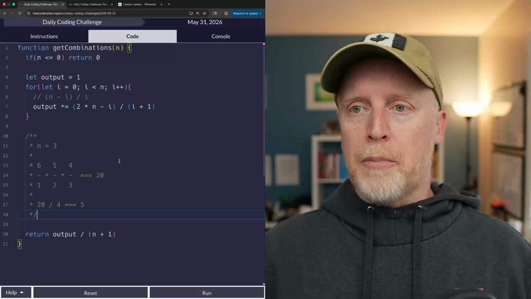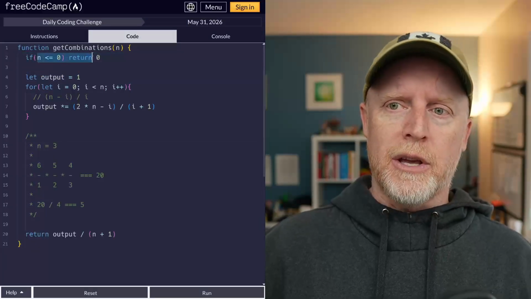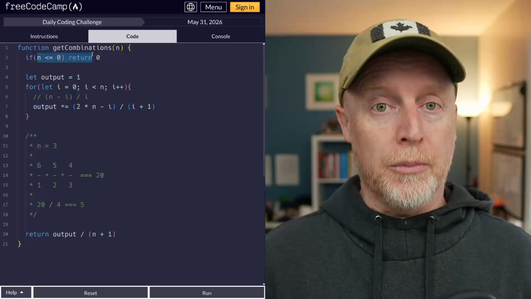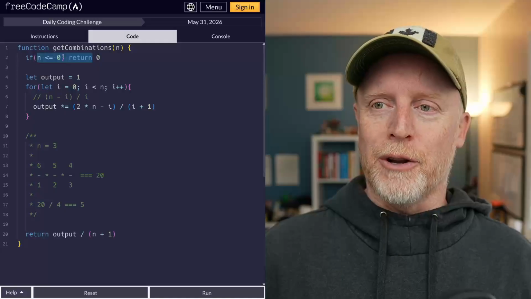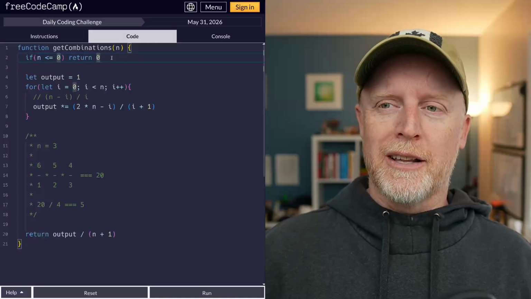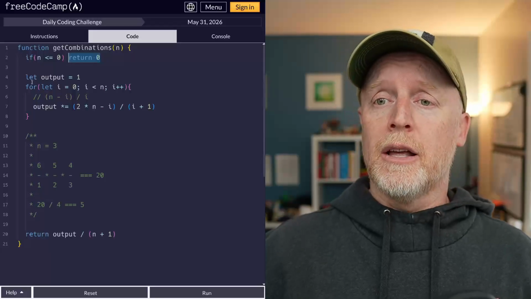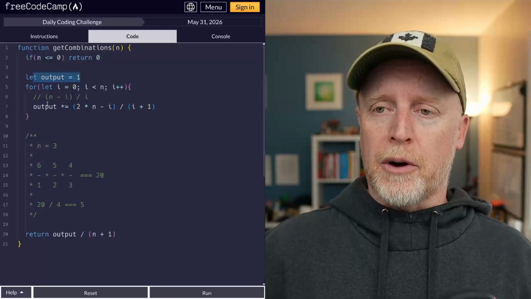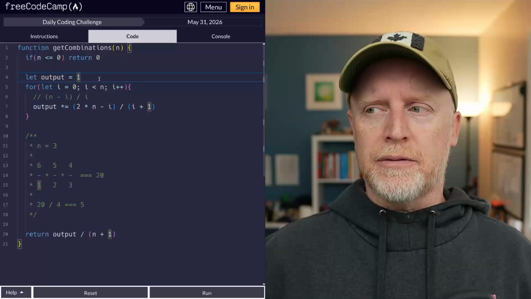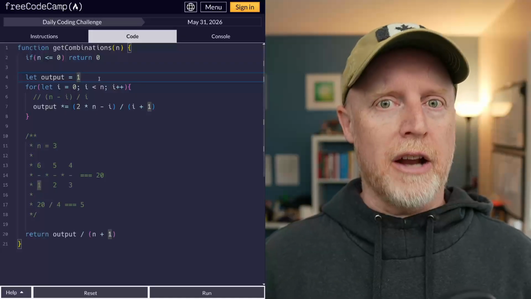So back over here, we started out by setting up our output, right? We checked to make sure that we had something greater than 0. Otherwise, what's the point, right? If we don't have a number greater than 0, then we don't have anything that we can do combinations on. It's that simple, okay? And then from there, we set up our output, starting at 1, because it does. This is kind of all these binomial coefficients.